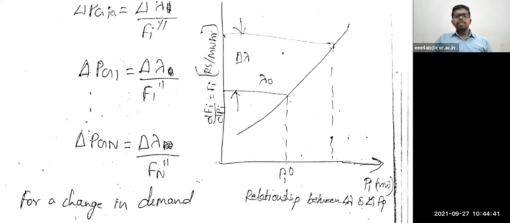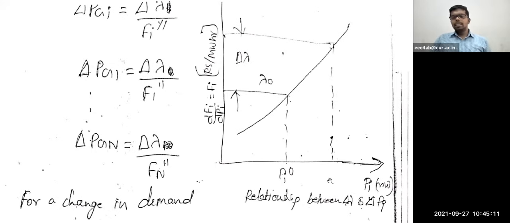This is the general formulation. For i equal to 1 to n generating units, you need to substitute. Del PG1 is equal to del lambda divided by F1 double dash. Del PG2 is equal to del lambda divided by F2 double dash. Like that up to del PGn, which is nothing but del lambda divided by Fn double dash.